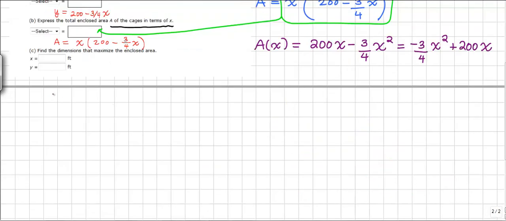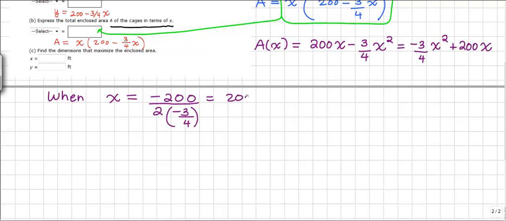Well, what we had said before when we derived this is that the input variable is analogous to negative b divided by twice a in the general form, so in this case negative 200 divided by twice negative 3/4, which gives us positive 200 all divided by 6/4.